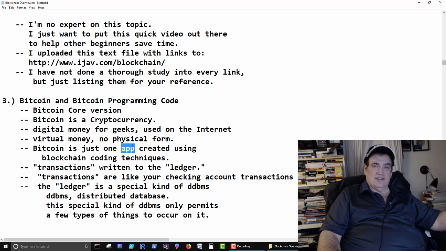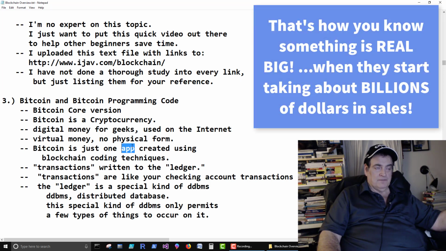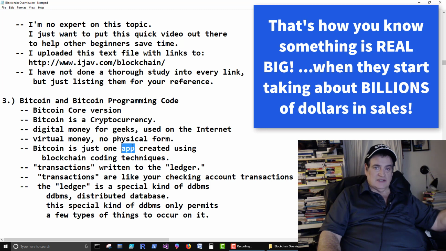You can buy a lot of things with Bitcoin now, just like you would regular cash. So it's been around about 10 years, maybe a little more. So it's definitely matured over the years.